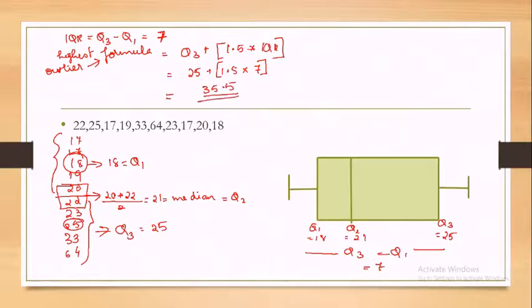So any value beyond this 35.5 is an outlier. So in our data set we have 64. So you can mark this here as a point and write it as 64, since this is beyond 35.5 and this is an outlier.